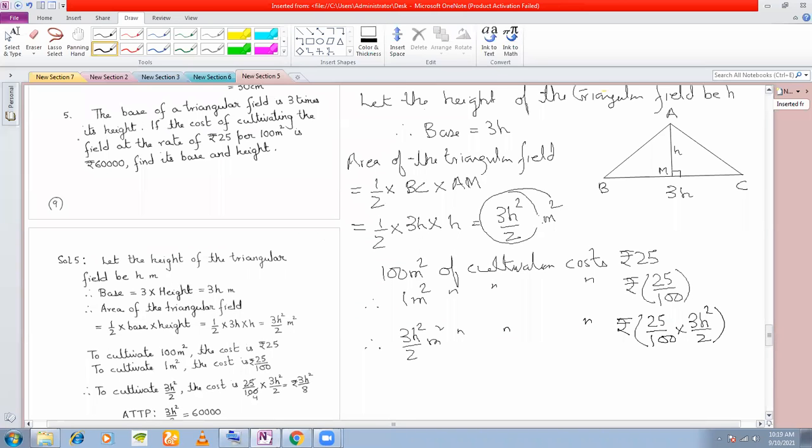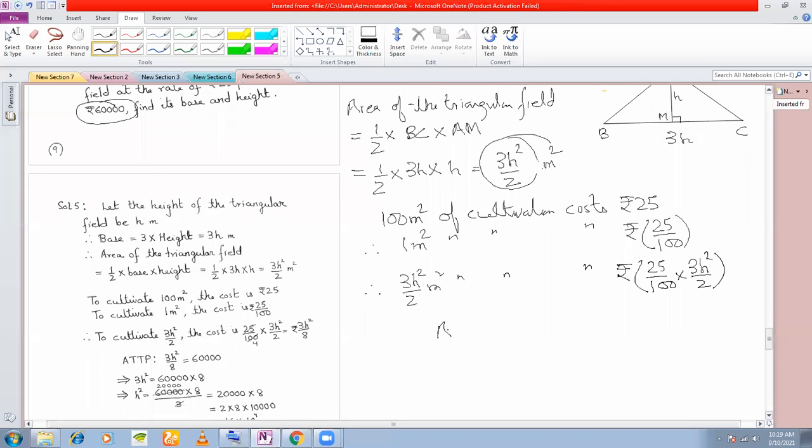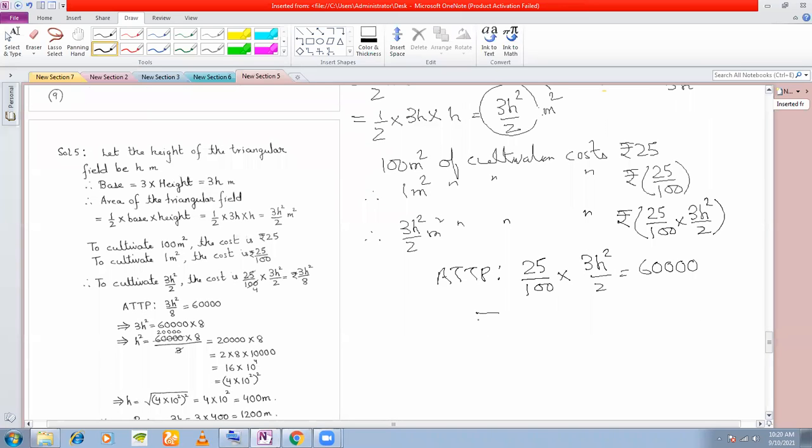And what is the cost given here? 60,000. So 25 by 100 into 3h square by 2 must be equal to 60,000. So this becomes 3h square by 8 is equal to 60,000.